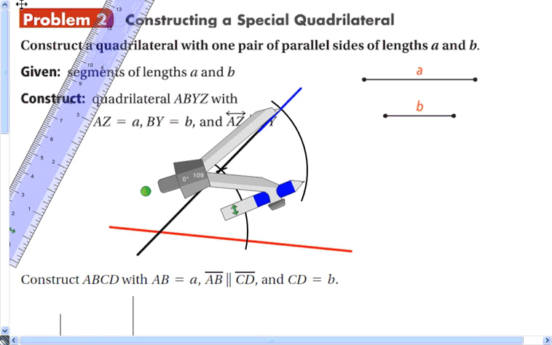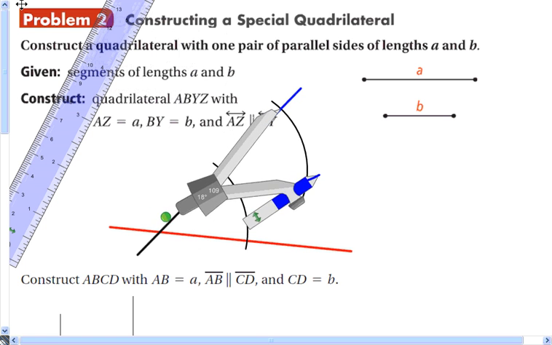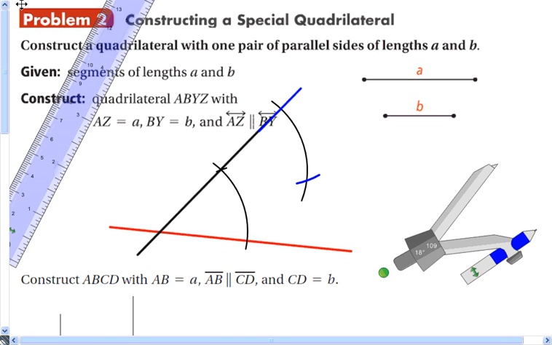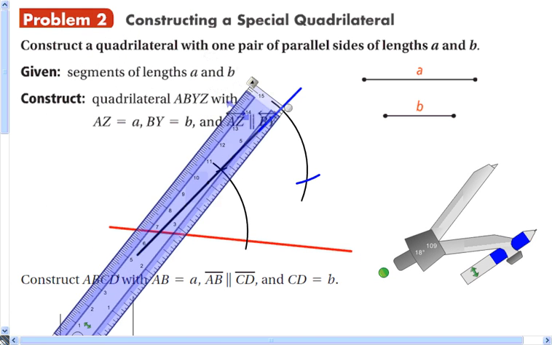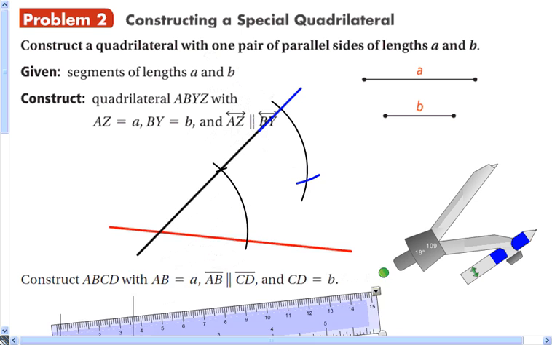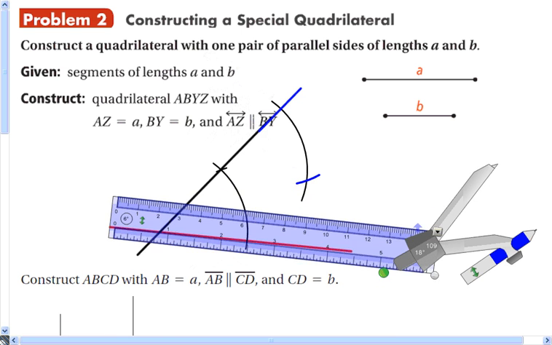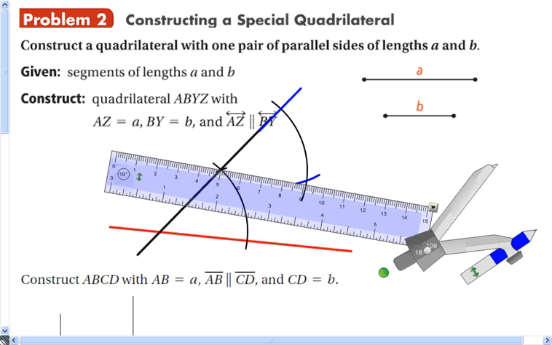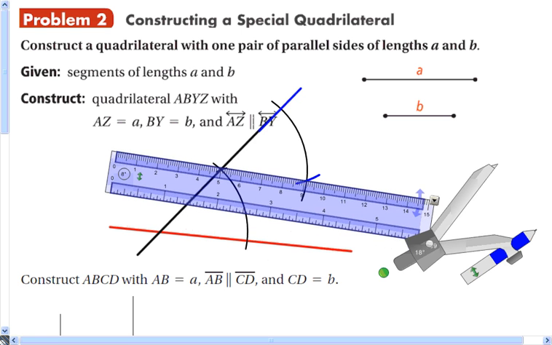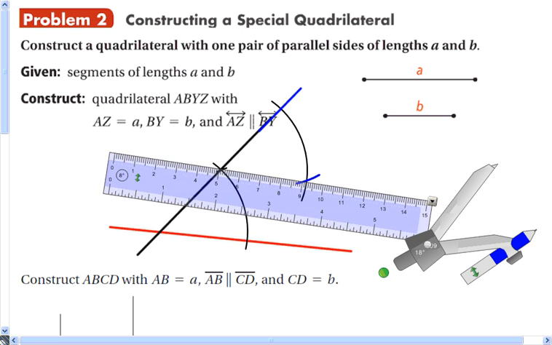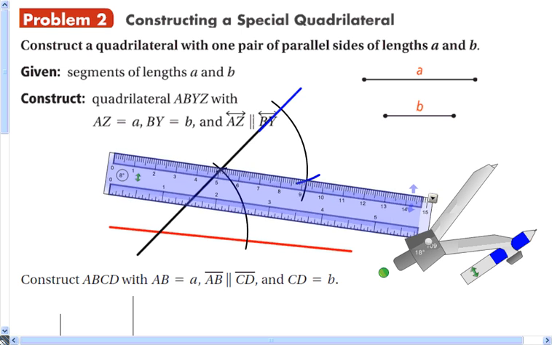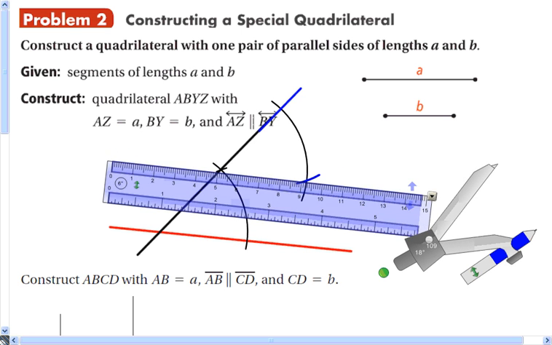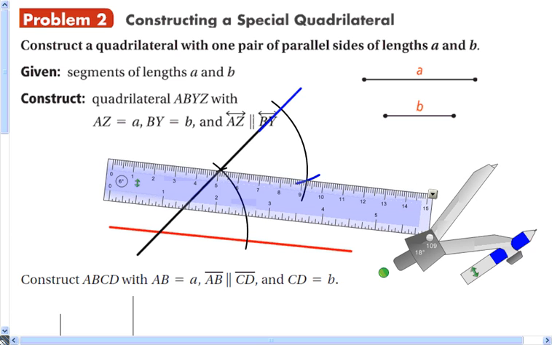Now, keeping my compass at the same spot, that arc, and now I can use my ruler and draw the line that's parallel in those two spots.